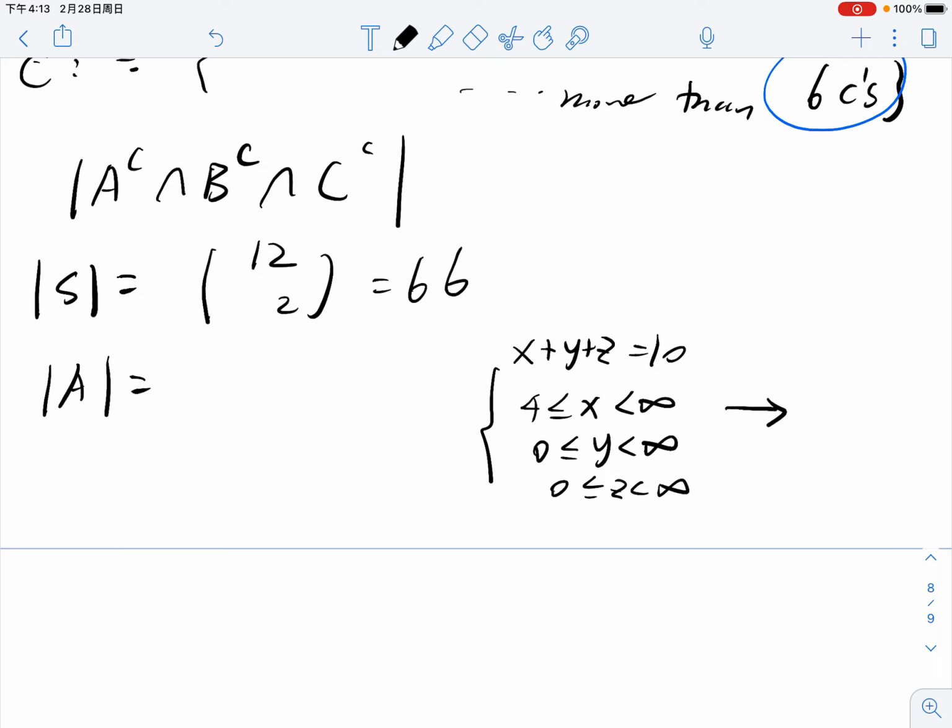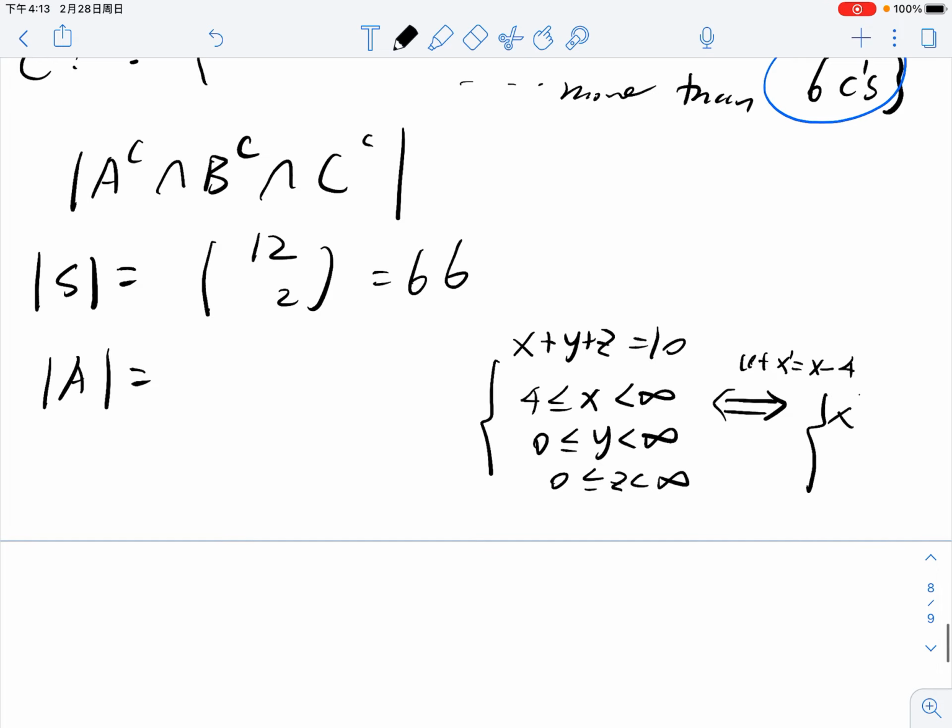Okay, then if you let x prime to be x minus 4, then you will have an equivalent equation, while the equivalent equation is in the original form.